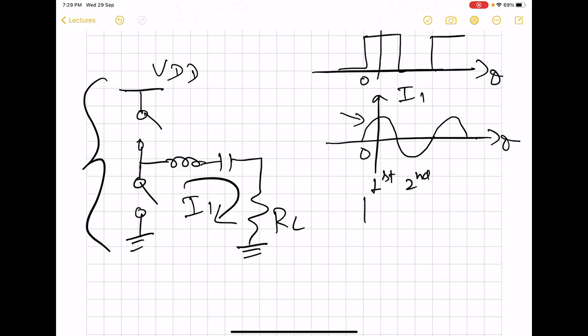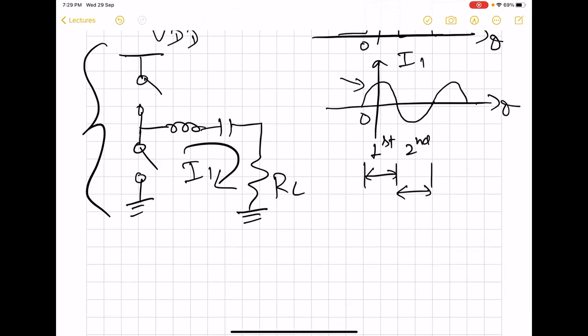We have two halves, first half and the second half. For the first half, we found that this is the equivalent circuit. Now you can see that for I1 to flow, there is only one possibility during the first half.